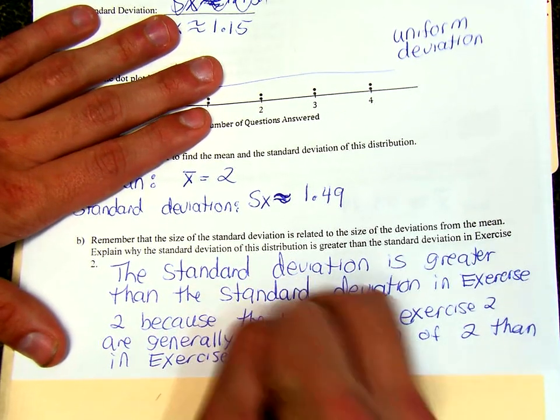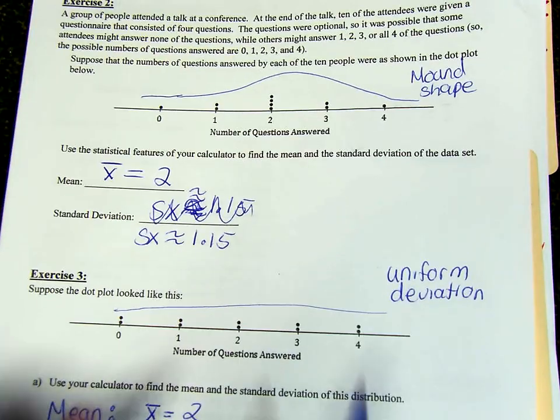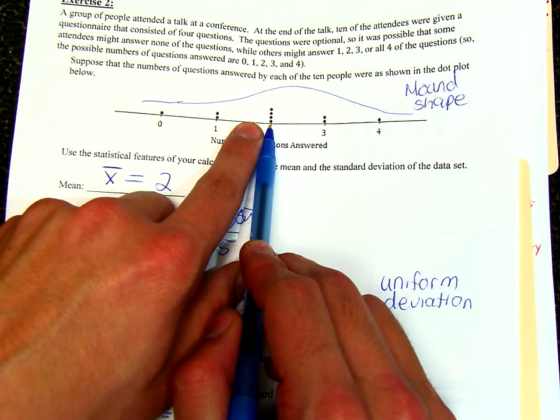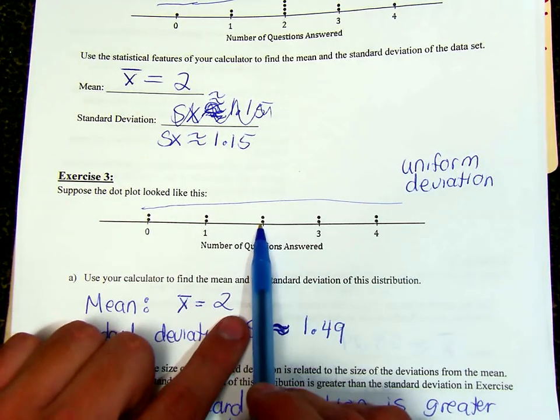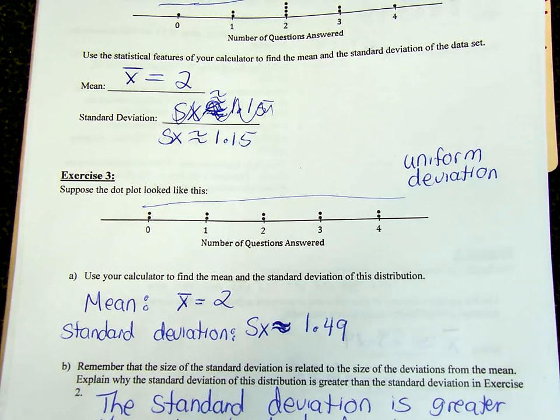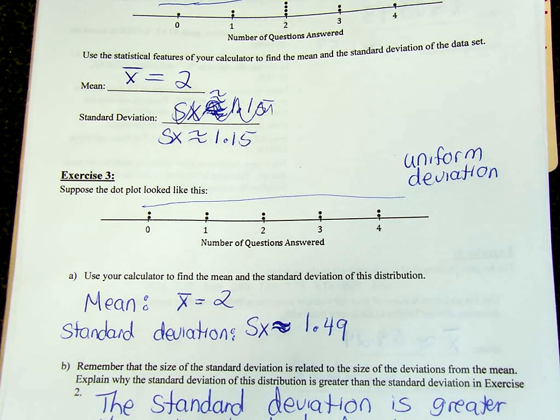And we can see that if we look at, we know that the mean is 2. Most of our data is pretty close to 2. But in this uniform one, they seem to be farther away. More of the data is farther away than it was in exercise 2.